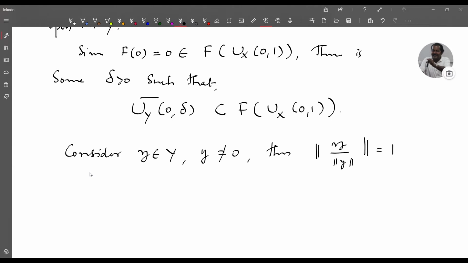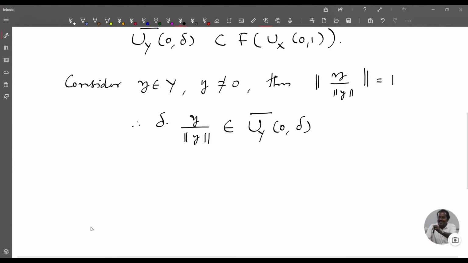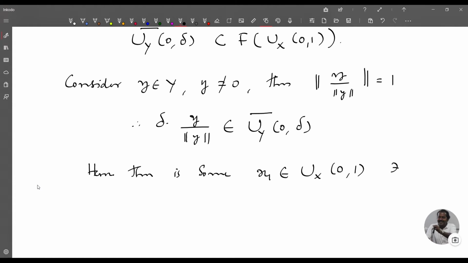Therefore, delta times y by norm y belongs to the closure of U_Y(0,delta). Hence, there is some x1 in U_X(0,1) such that f of x1 equal to delta times y by norm y.